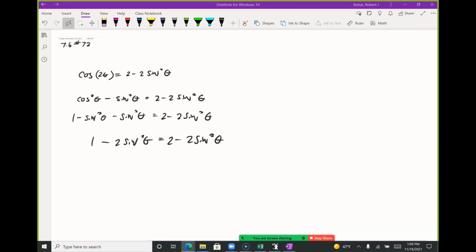I'm thinking there's no solution to this, but I must have made a simple mistake. No, it's right. You can see I got the same thing on both sides. They just cancel, so I get 1 equals 2. Can't happen, so there's no solution.